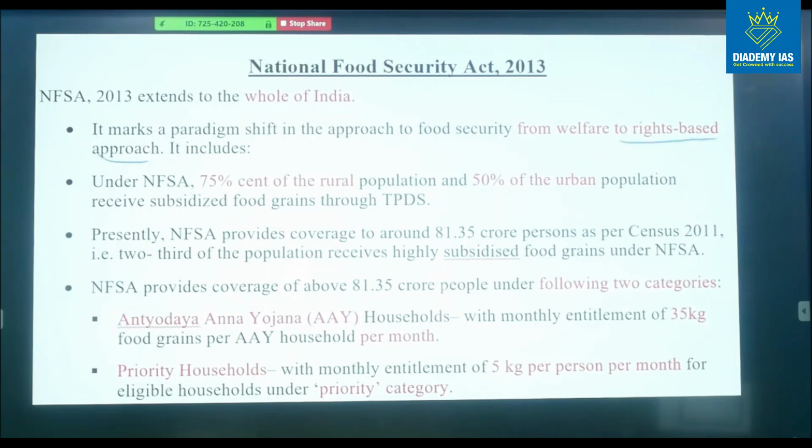It includes 75% of the rural population and 50% of the urban population who will be getting subsidized food grain, right? So in rural India 75% and in urban India 50% will be the coverage. Overall coverage of the country is expected to be somewhere around 67%.